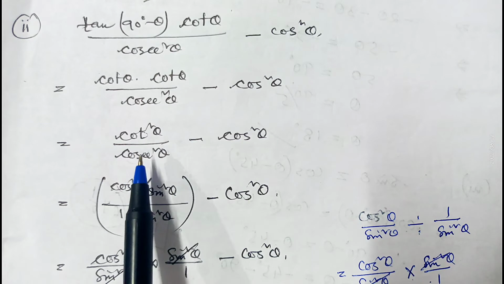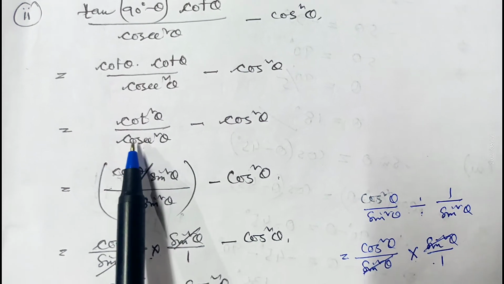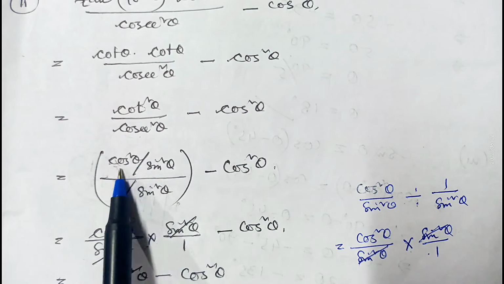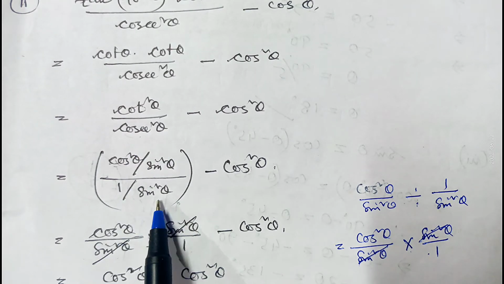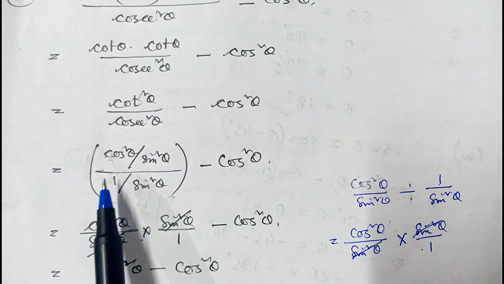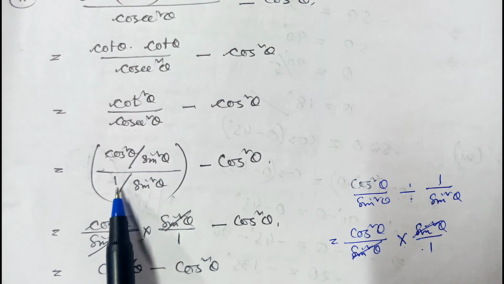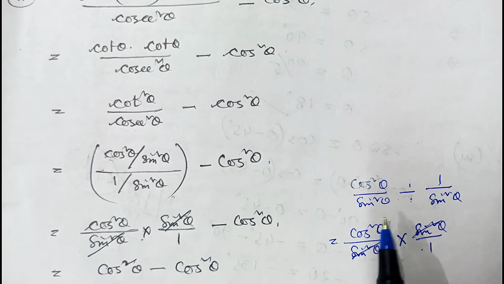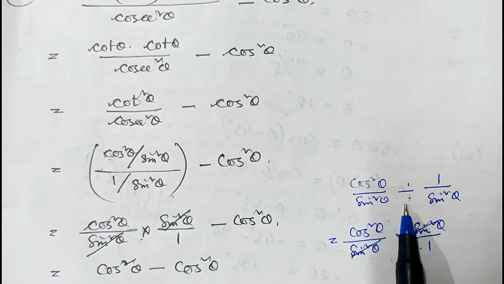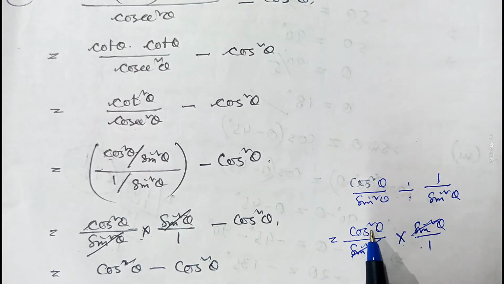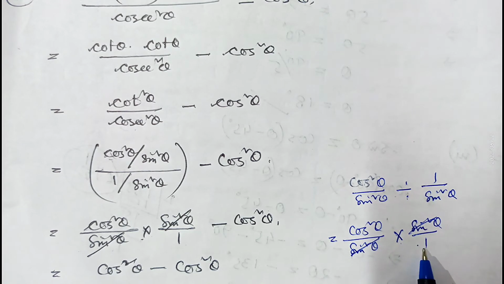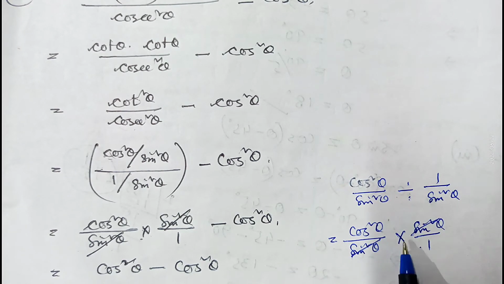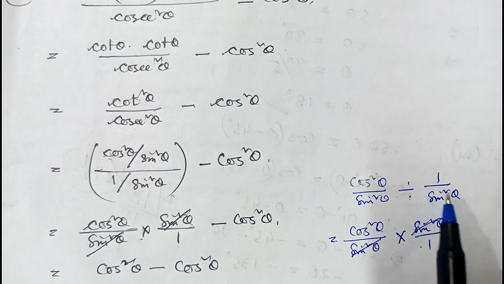Now cot square theta, cot is cos by sine. So instead of cot square theta, we can write cos square theta by sine square theta. Cosec square theta will be 1 by sine square, minus cos square. So here cos square by sine square divided by 1 by sine square. Instead of division we are writing multiplication, so we have to take the reciprocal of it, which is sine square by 1.